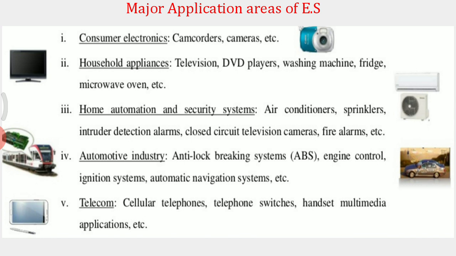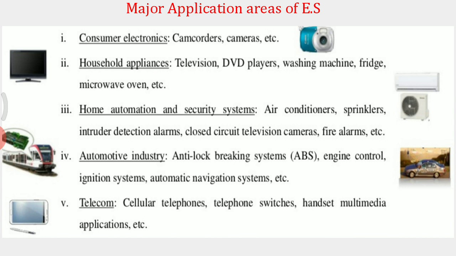Digital cameras are embedded systems. Household appliances like television, DVD players, washing machine, fridge, microwave oven, etc., are household appliances where embedded systems can be employed.